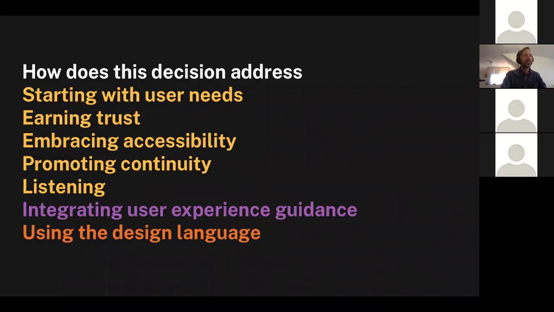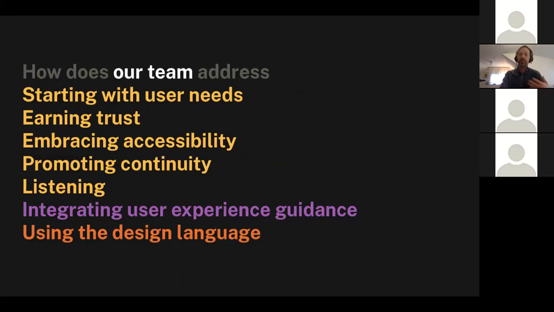And this is something you can ask not only of an individual decision, but these are the kinds of questions that teams need to be asking themselves about the team itself. How does our team address these kinds of ideas? How does our team address earning trust? And also, how does our process address earning trust?